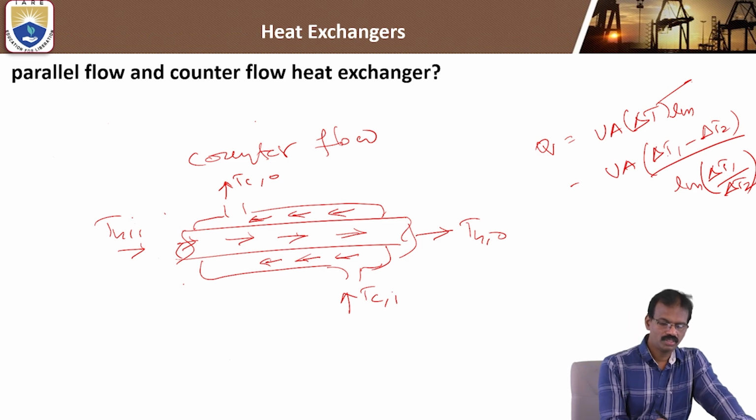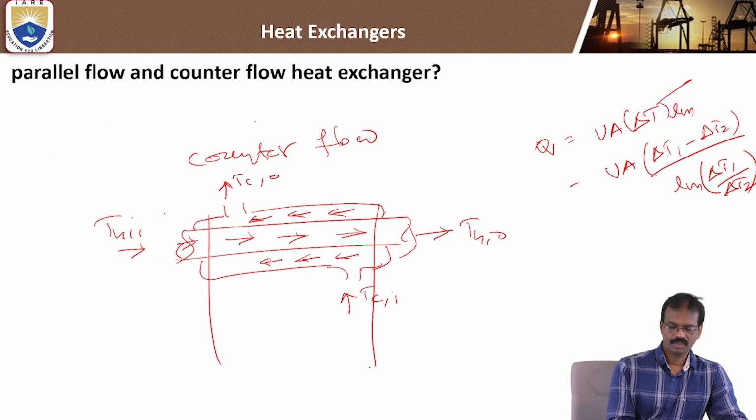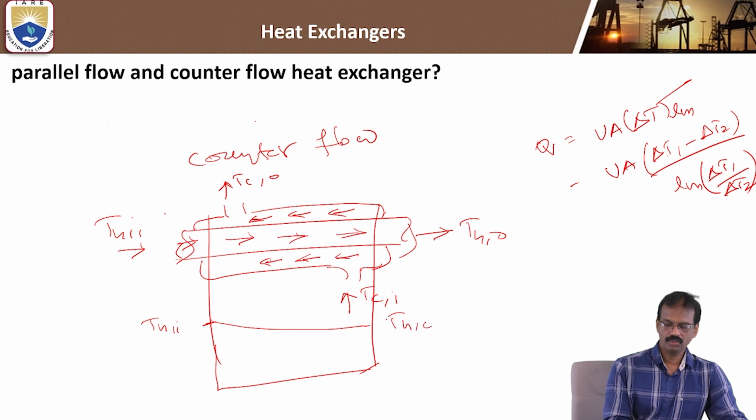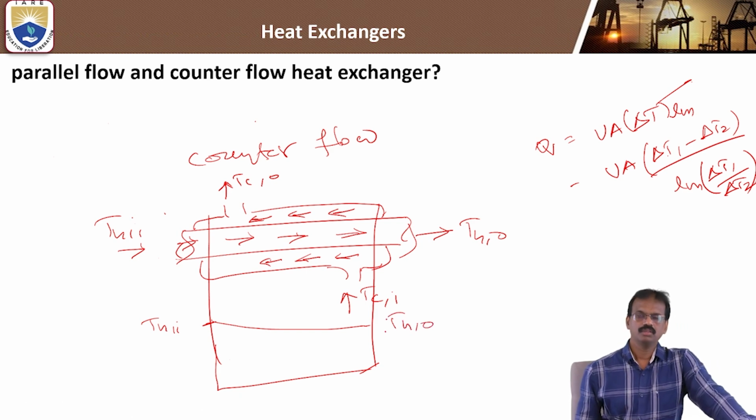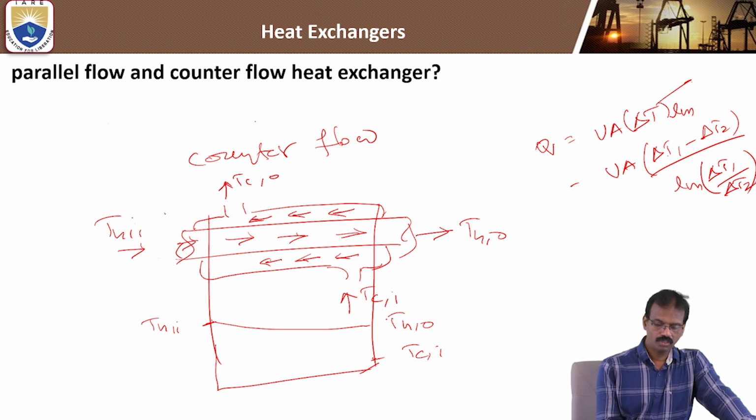It means one side we will see hot fluid inlet. You can draw the graph also like this one. So hot fluid inlet, same. Decreases, hot fluid outlet. Okay. But the cold fluid enters here, another side, and cold fluid leaves.